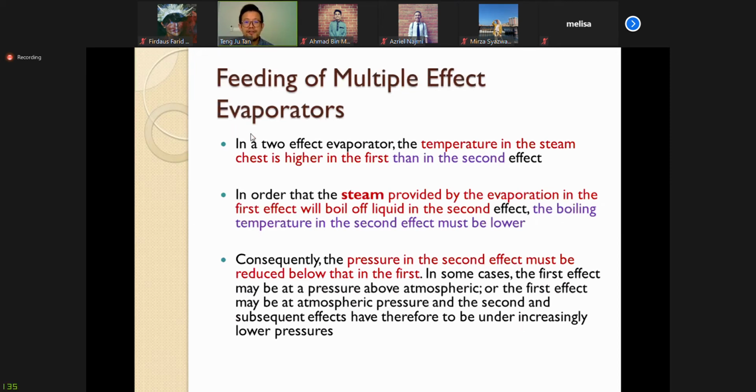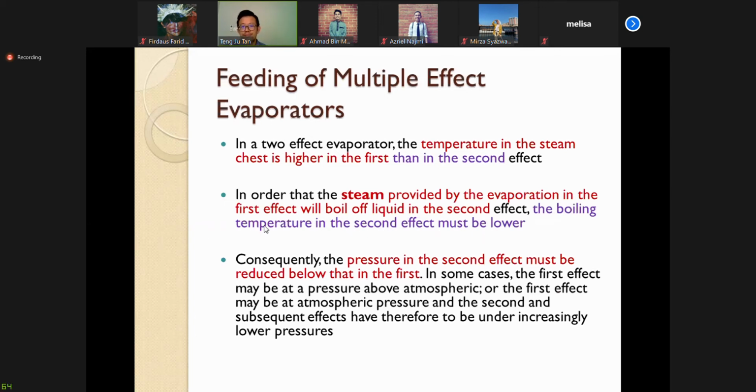So, the feeding of multiple effect evaporators. In two effect evaporators, the temperature in the steam chest is higher in the first than in the second effect. Okay. In order that the steam provided by the evaporation in the first effect will boil off liquid in the second effect, the boiling temperature in the second effect must be lower.